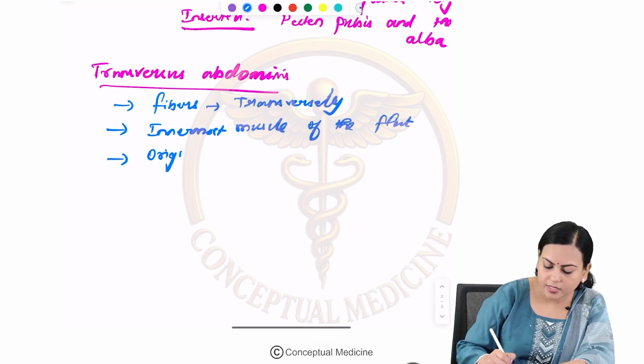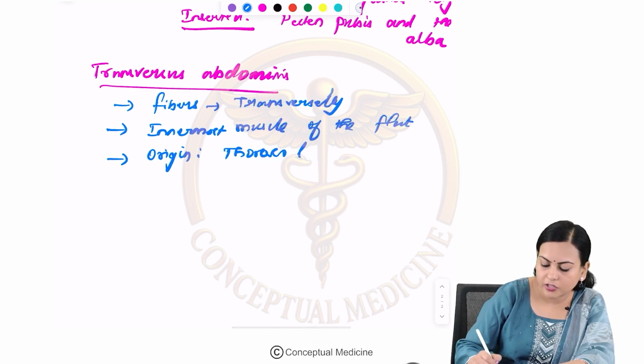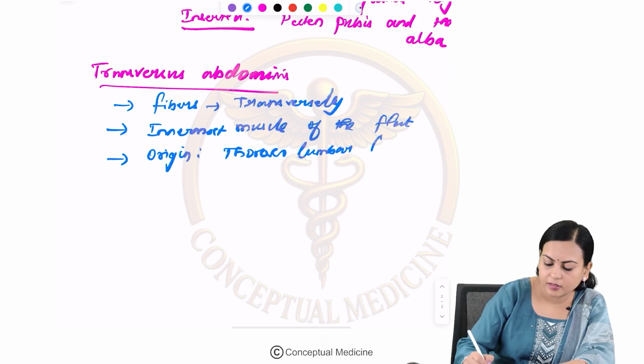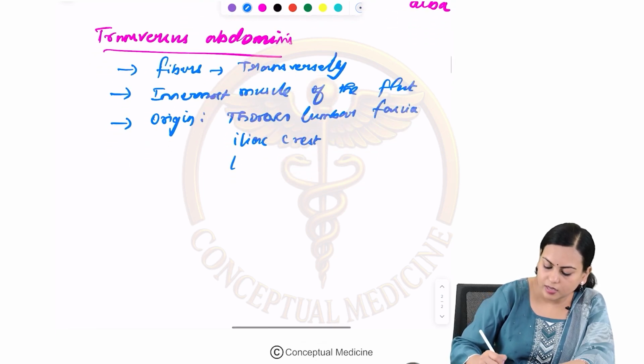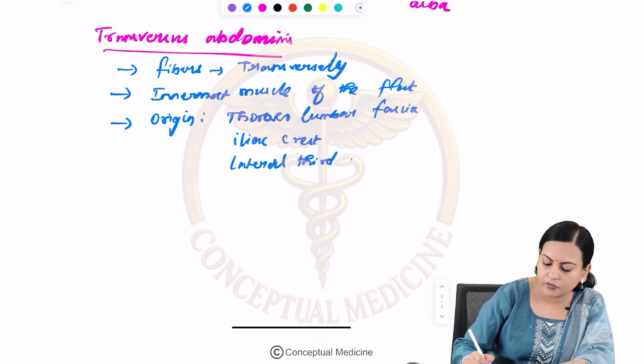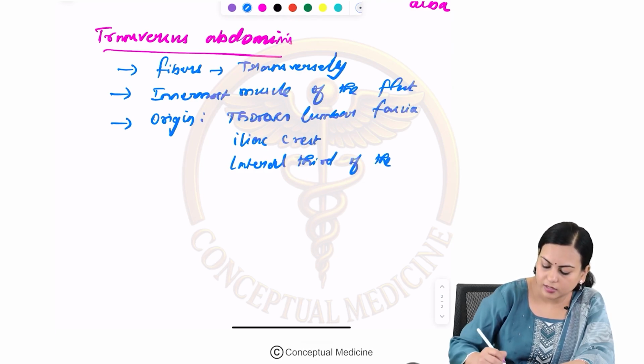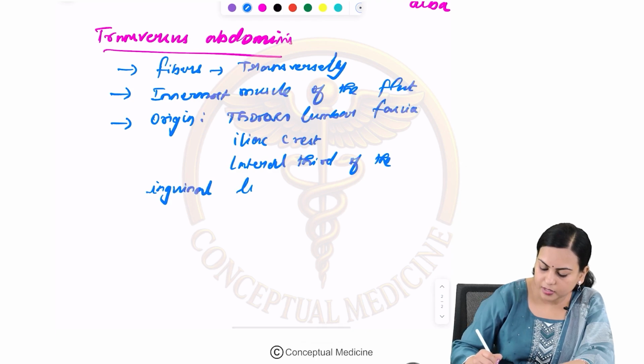The origin of the muscle lies from the thoracolumbar fascia, iliac crest, lateral third of the inguinal ligament.